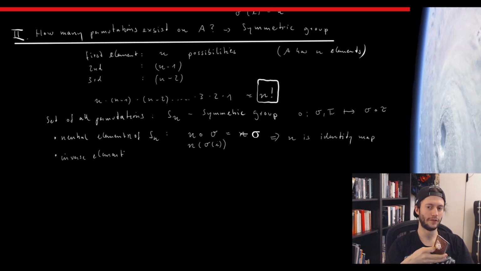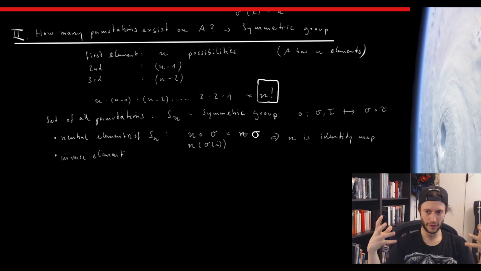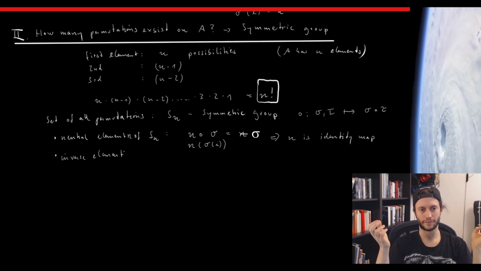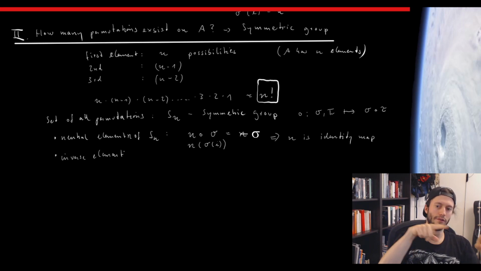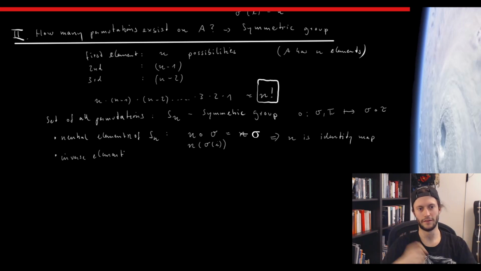What's the inverse element for tau? Well, it is undoing this permutation, which was maybe something like this. I don't remember. But it is obvious. Once you have some sort of reordering, you can always redo this on a finite set. And this sorting back to the original order, so to say, that's the inverse element.